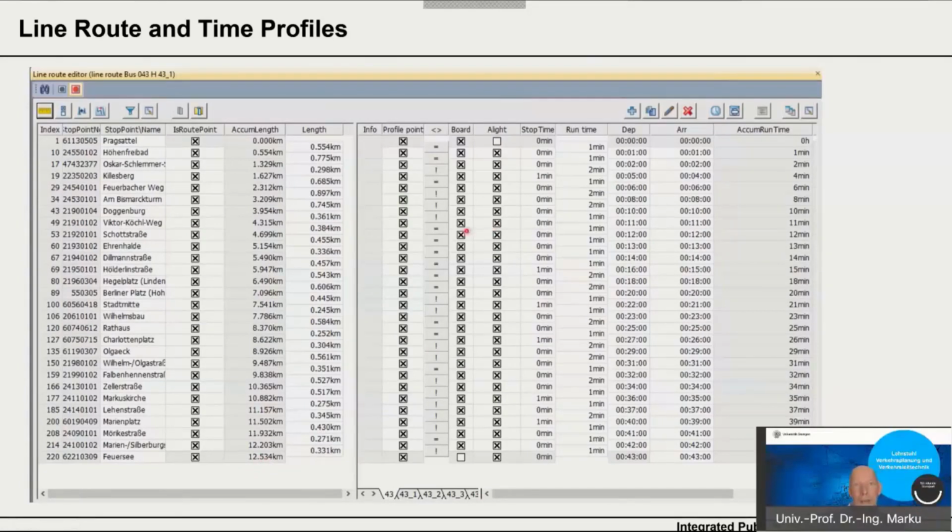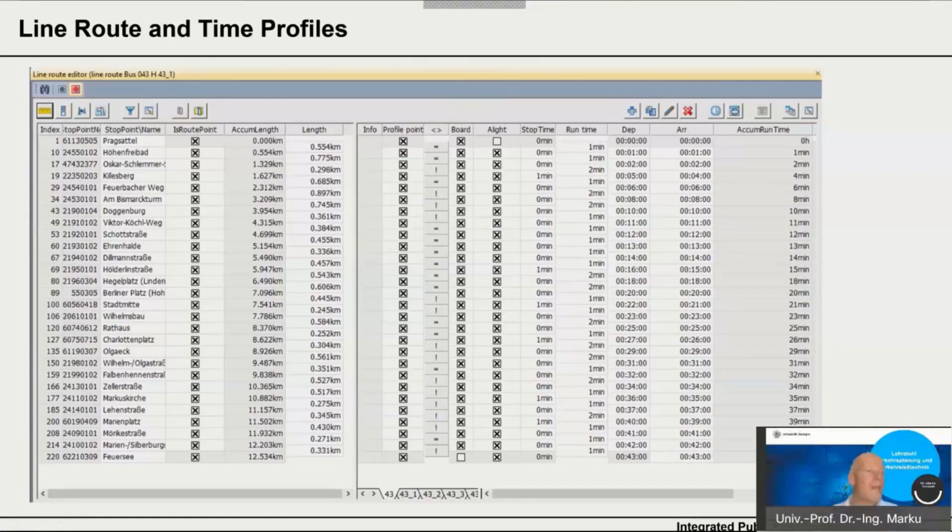You can determine whether you may board or alight. Well, you cannot alight at the first stop and you cannot board at the last stop. In this case, you can alight everywhere. We have runtime between stops. In this example, for whatever reason, some of the stop times are modeled and some are not.